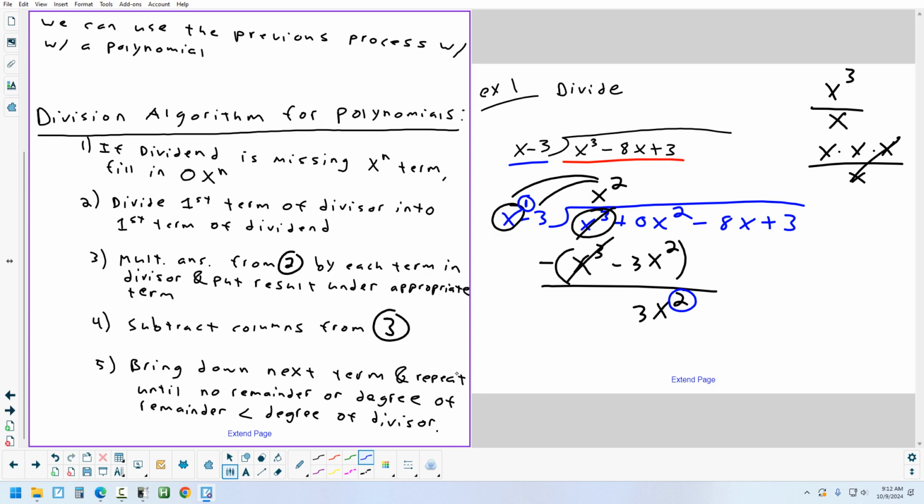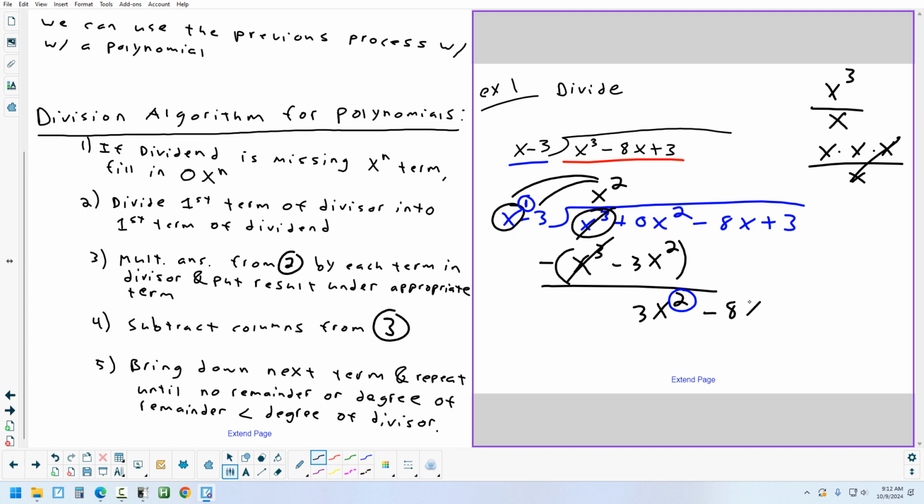Okay, so we're going to bring down the next term, which is negative 8x. And we're going to keep going until the exponent, which we call the degree, on the inside is smaller than the degree on the outside. Okay.